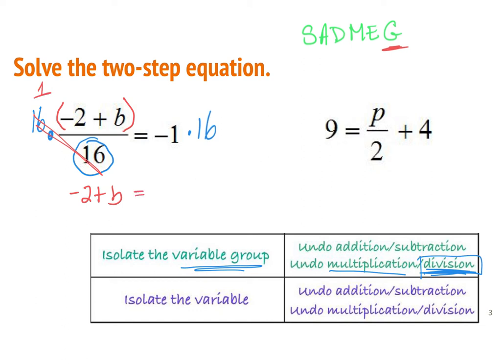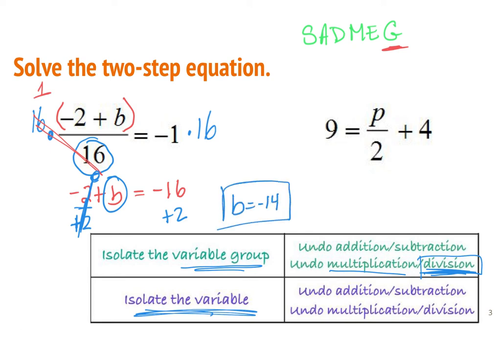And negative 1 times 16 is negative 16. Now I have a nice one-step equation where I can isolate the variable. So I'm going to isolate this variable by getting rid of the negative 2. So I'm going to add 2 to both sides. So this gives me 0. And I am left with b equal to negative 14.